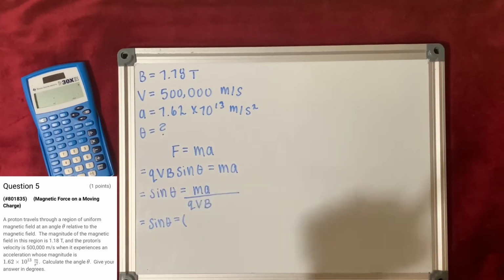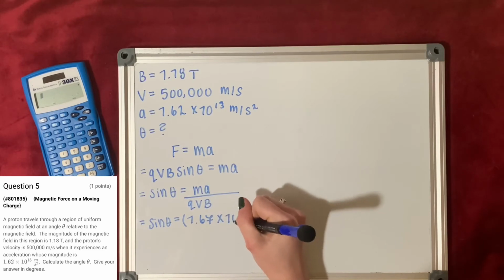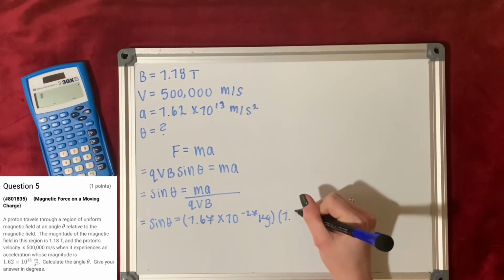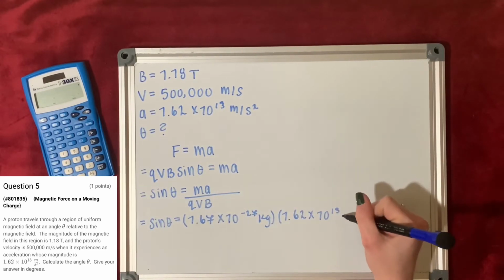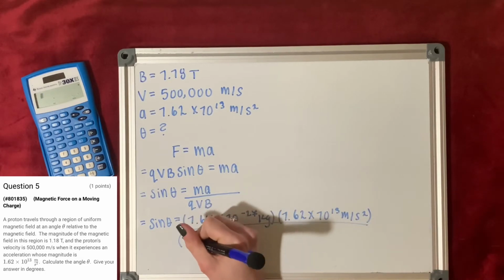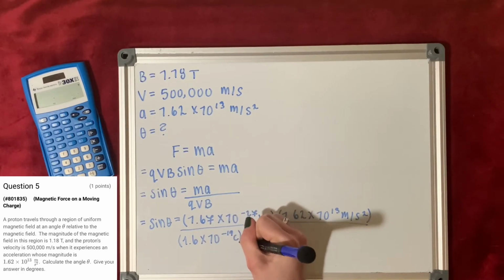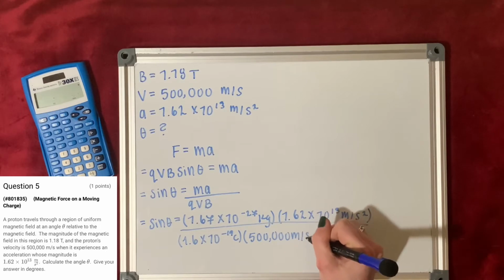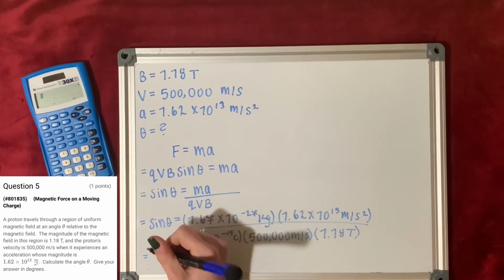Plugging in our information: 1.67 times 10 to the negative 27th kilograms times 1.62 times 10 to the 13th power meters per second squared, divided by 1.6 times 10 to the negative 19th coulombs times 500,000 meters per second times 1.18 Tesla. Plugging that into our calculator.